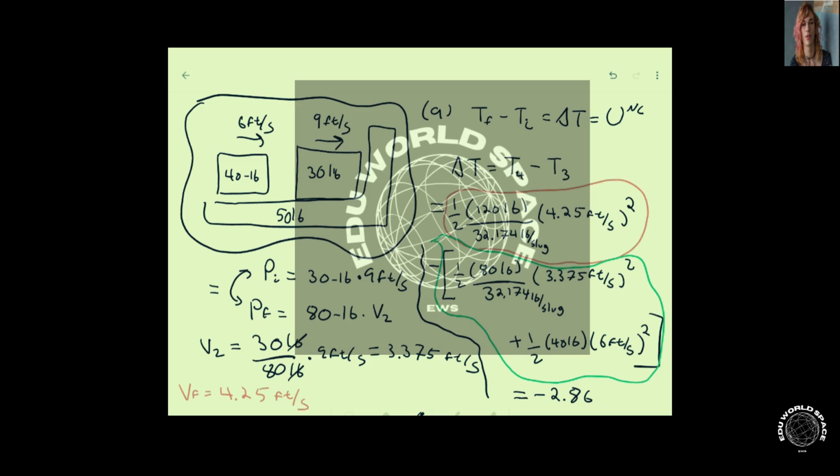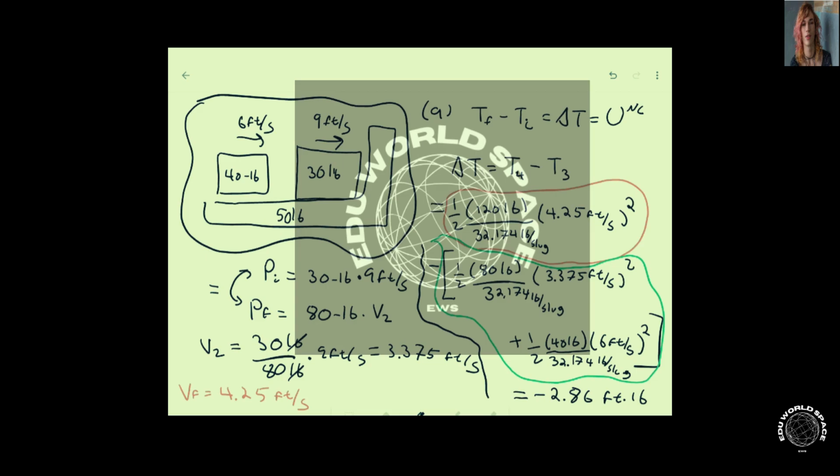Negative 2.86 foot-pounds. And then let me just real quick remember, I need to also convert this force of poundage here to a slug before the math will work out. But once we do that, we get our last answer here. So when we throw our second suitcase on, we end up losing 2.86 foot-pounds.